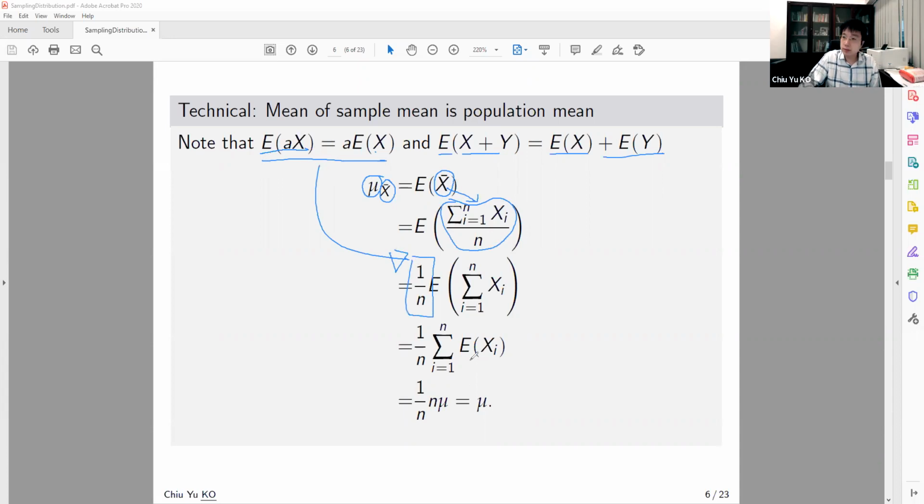What you are left with is the summation. You can put the expectation inside the sum, right? And each observation has expectation mu because it's a simple random sample, right? So the n of them give n mu. And the n cancels out, leaving mu.